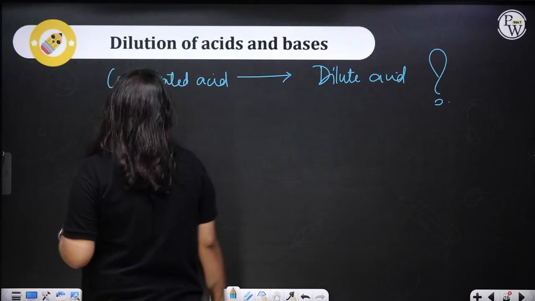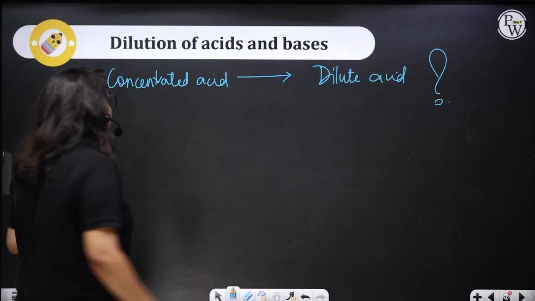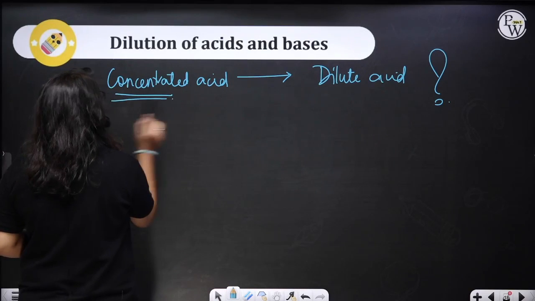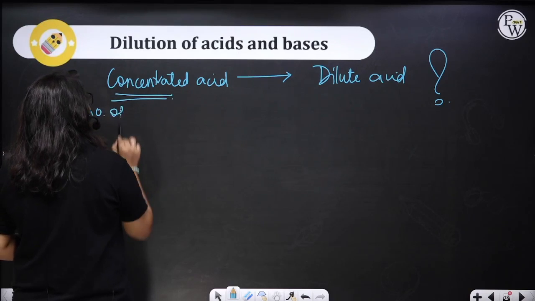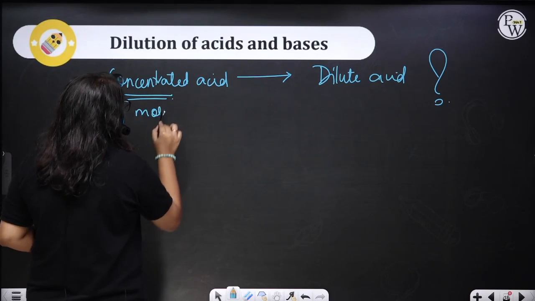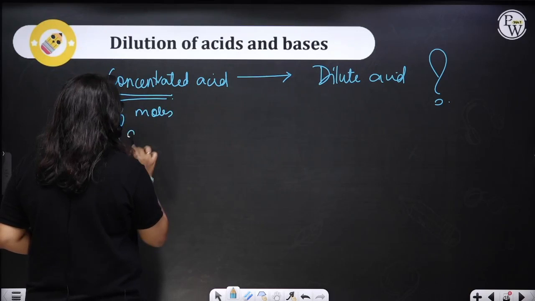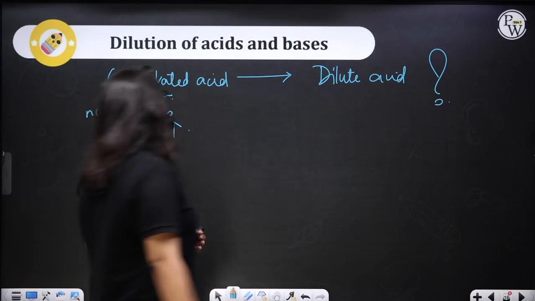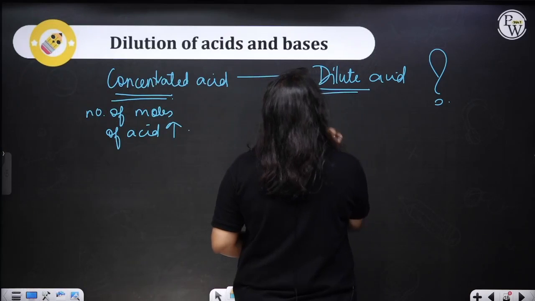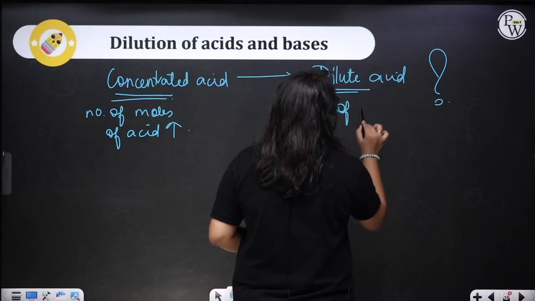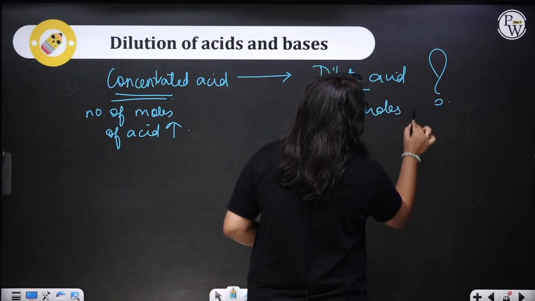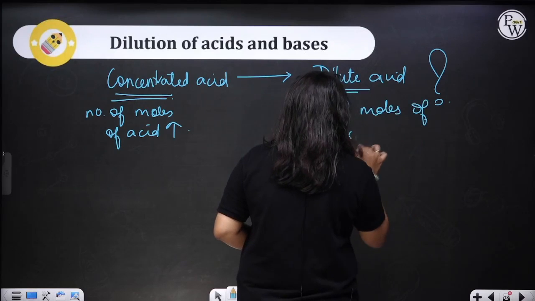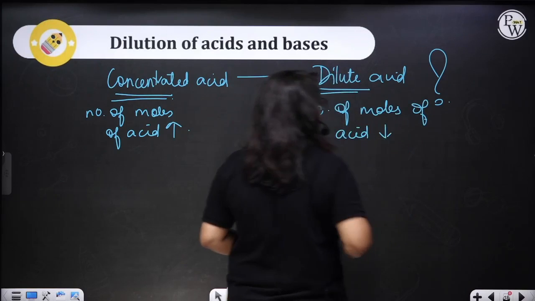So there are two ways. We know for concentrated acid, the number of moles of acid is more. In case of dilute acid, the number of moles of acid is less. Right?